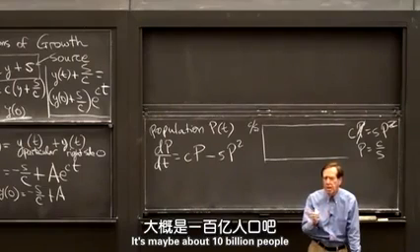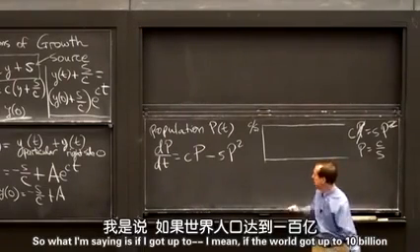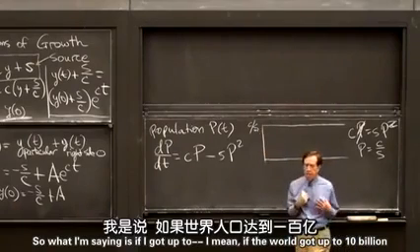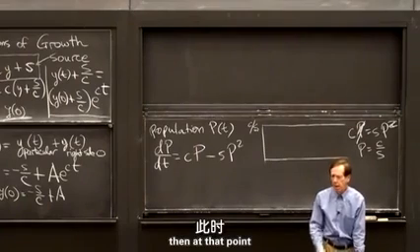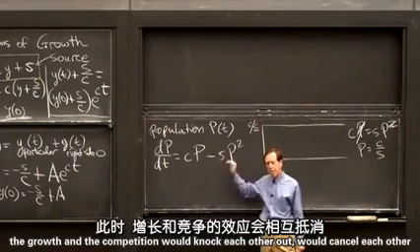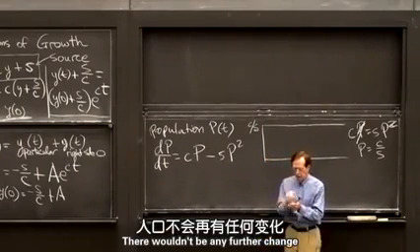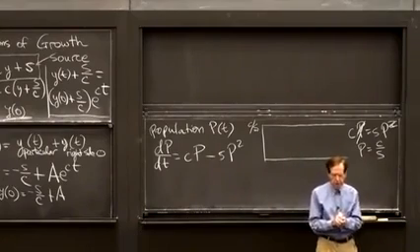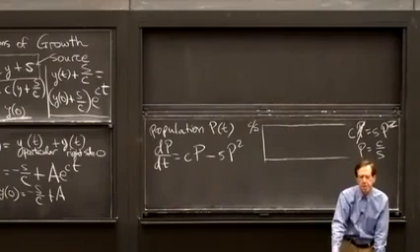It's maybe about 10 billion people. So what I'm saying is, if the world got up to 10 billion, then at that point, the growth and the competition would knock each other out, would cancel each other. There wouldn't be any further change. So that's a kind of point that we won't go past.